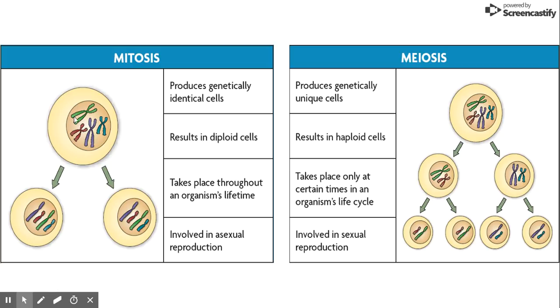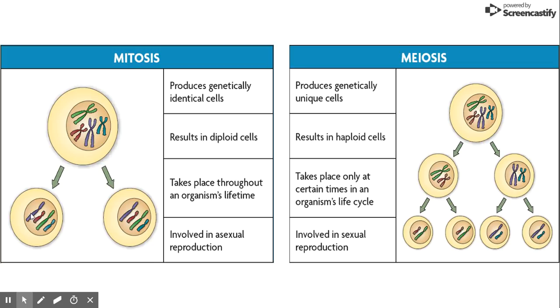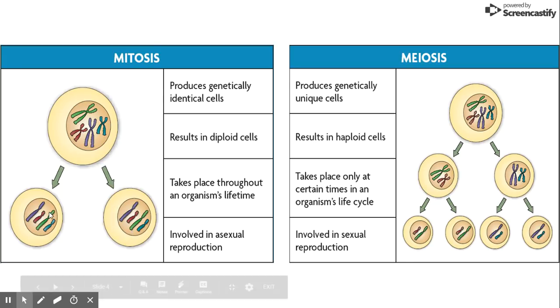In this cell, we have a big or long chromosome. The versions we have are the green and the purple. And we also have the little chromosome. The versions we have are red and blue. You can see here that we have each version of the big chromosome, and we have each version of the little chromosome in both cells. So we do, in fact, have diploid cells resulting here.